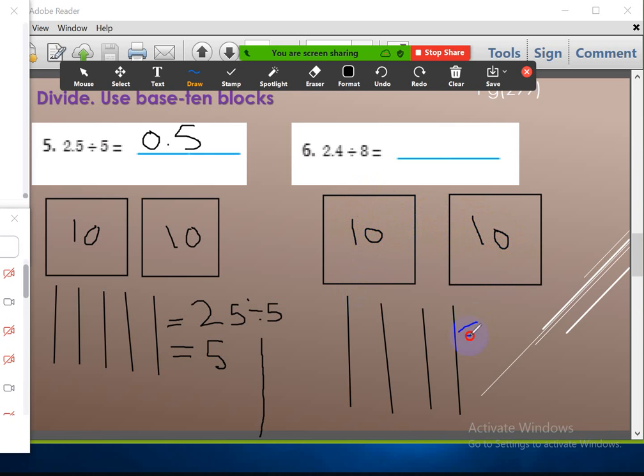That's mean the number of flats 10 plus 10 20. 20 plus 4, 24. Very good. Now 24 longs.